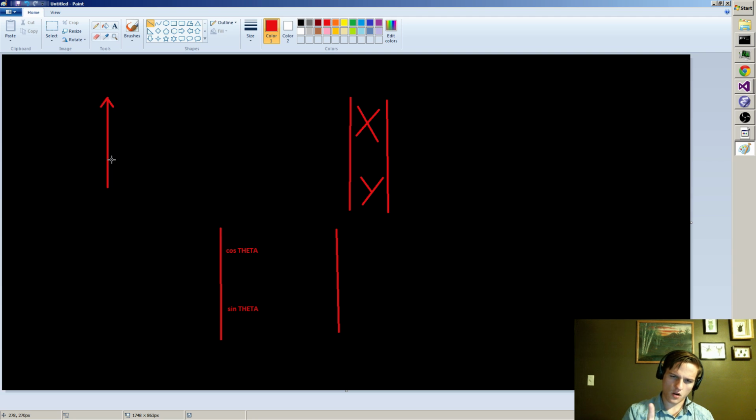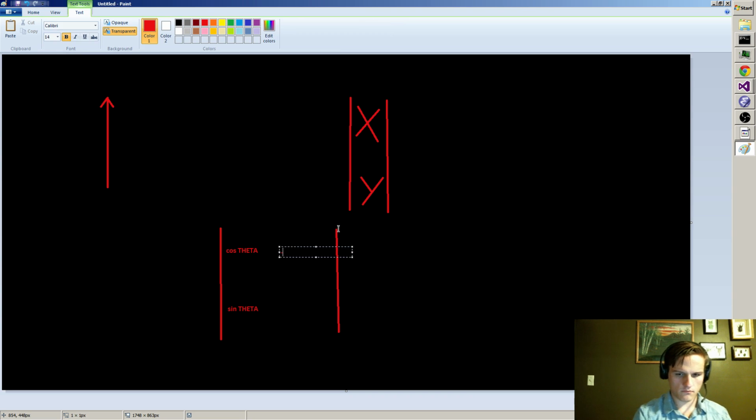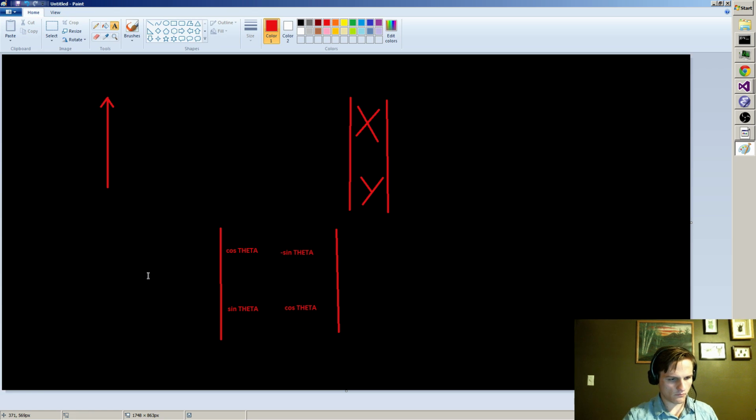Y starts at 1, so it's like a cosine on y towards 0 as the theta goes up. And the x is negative sine, is that right? I thought the negative was on the cosine down here, but it seems to make more sense to put it this way.